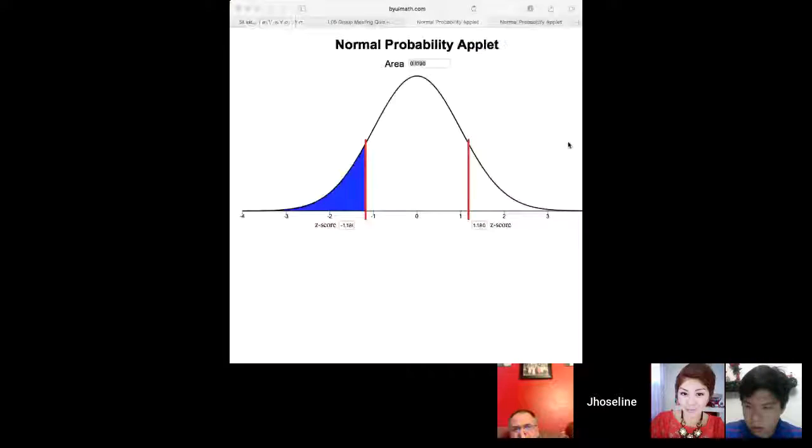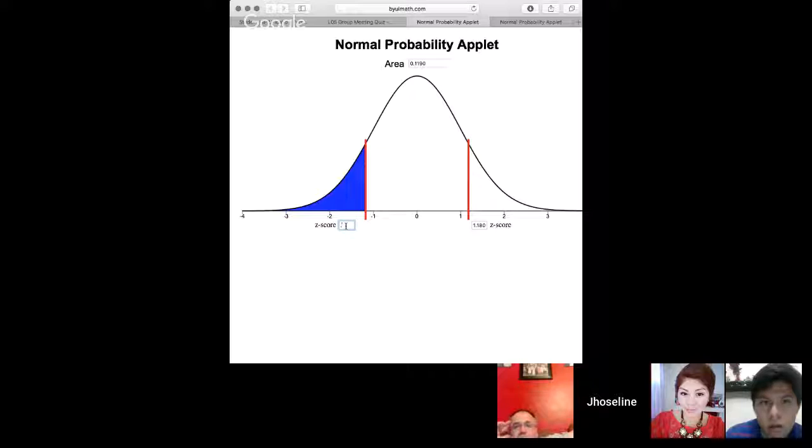Okay. So literally, here, let me share my screen. Okay. So we have to put the exact amount in.